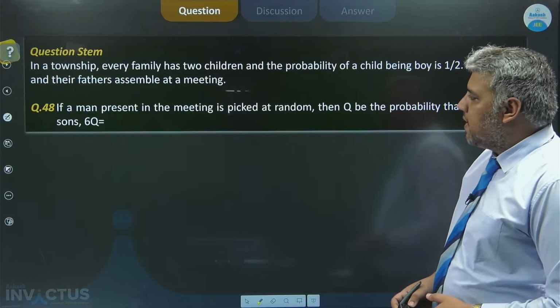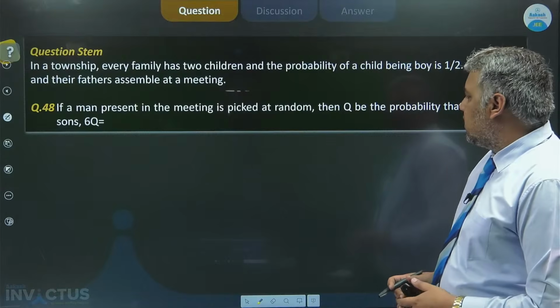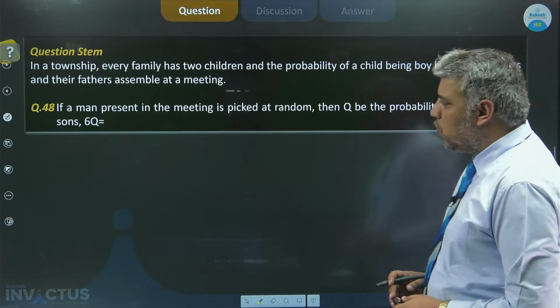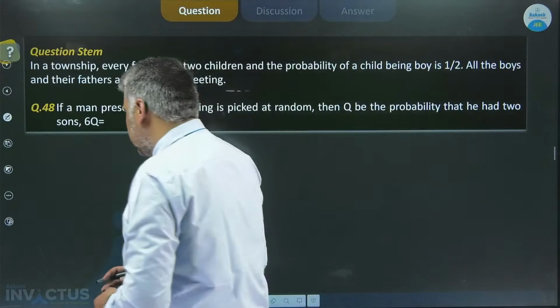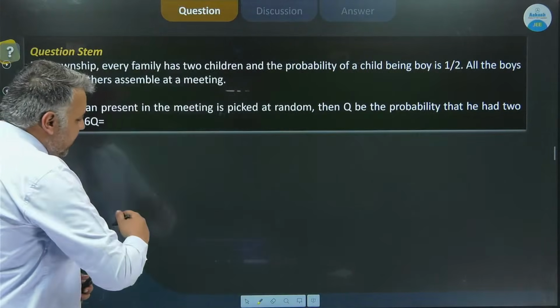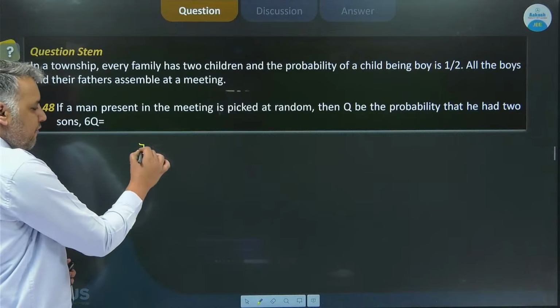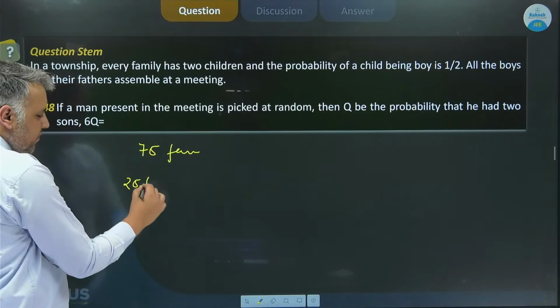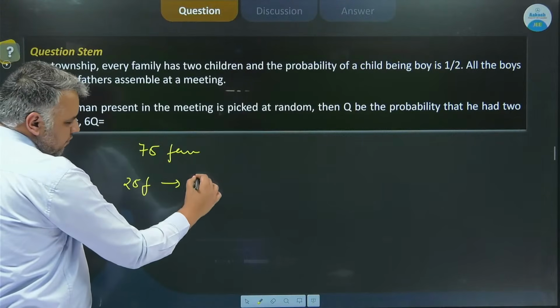Okay, next question. If a man present in the meeting is picked at random, then Q is the probability that he had 2 sons. Then we have to comment on 6Q. Again, we have invited 75 families. In 25 families, we invited 50 boys.